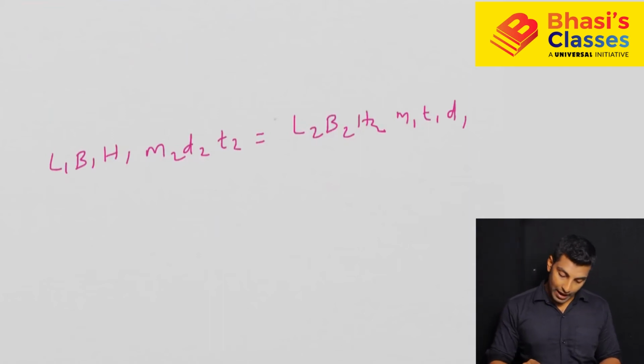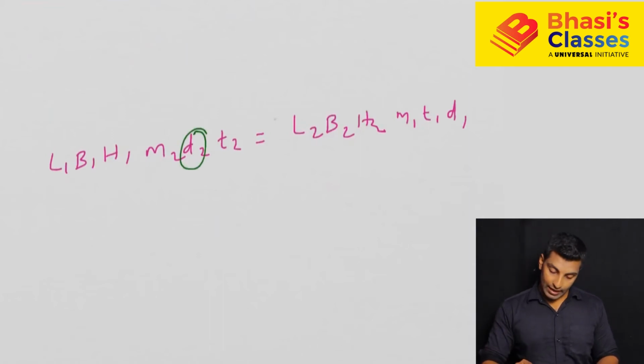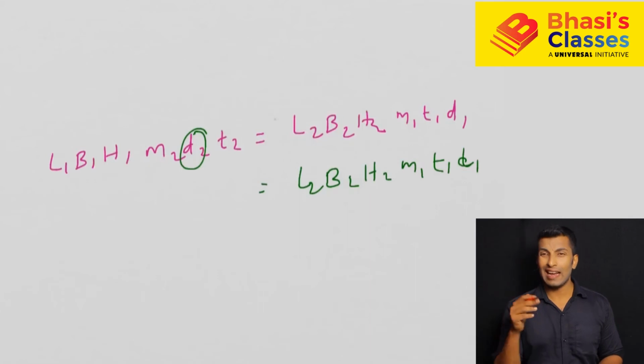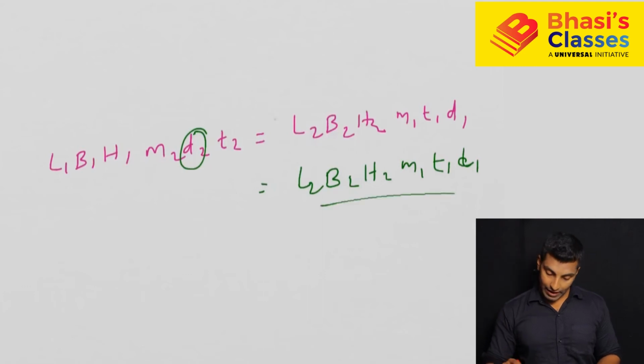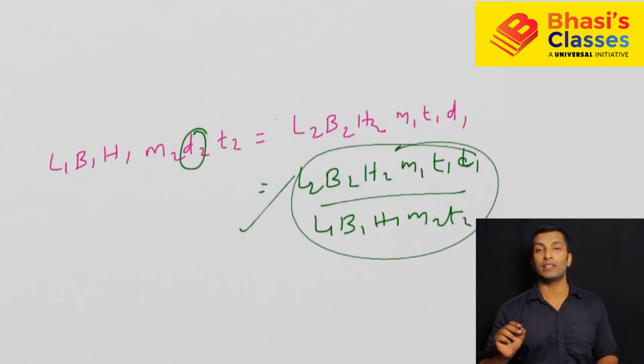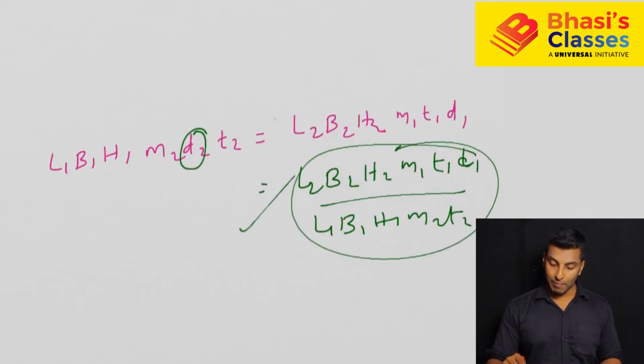So if you need to find D2, and you know everything else, what is the answer? L2 B2 H2 M1 T1 D1 divided by L1 B1 H1 M2 T2. Slightly complicated, but when you solve questions you don't want to write all those things. I'll discuss a question. All these will be given. Just a calculation question. They're asking you to multiply and divide.